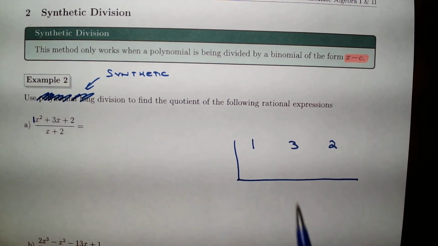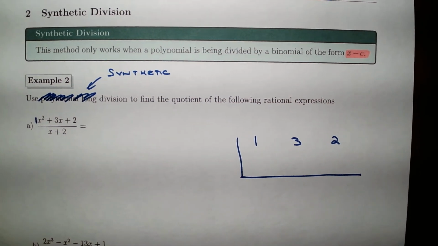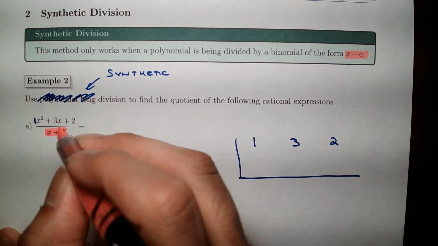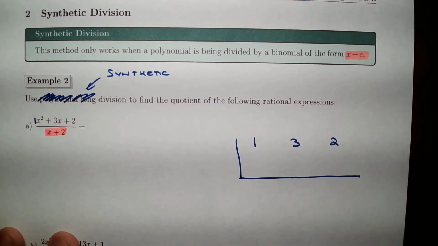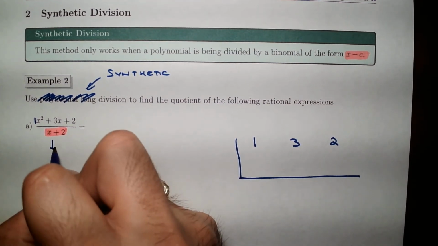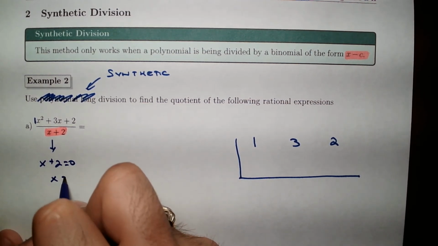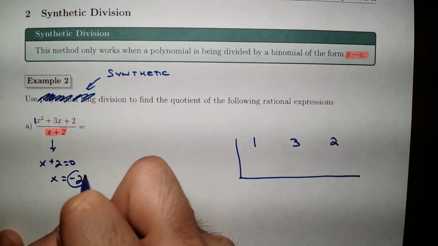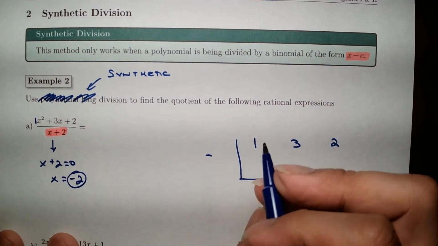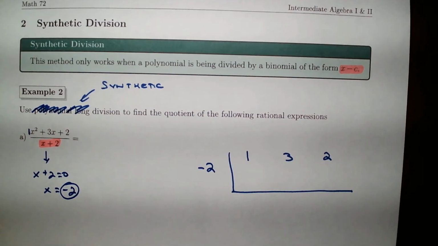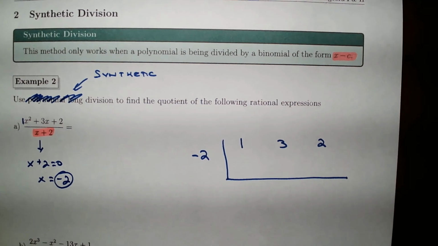And what are we going to put here? Well, number 1, this guy. What we do in this case is set it equal to 0 and solve for x. And that's the number that is going to go here, -2. All right. What are we going to do in this case?